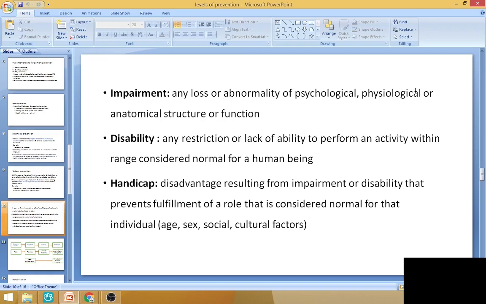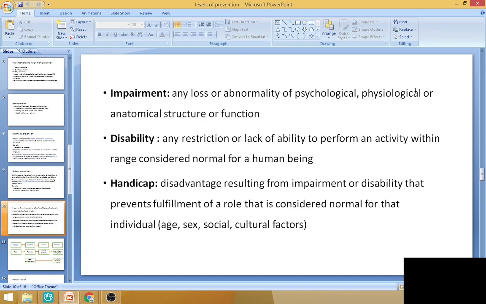We know that he is a male, an adult, not of old age, and by profession, considering social and cultural factors, he was performing a role as a driver, but he lost that role. That is why it is known as handicap. One is a basic need: going to the toilet is a basic need, that is why we say it is disability. And if we are talking about the job, then we mean handicap. Okay, understood?